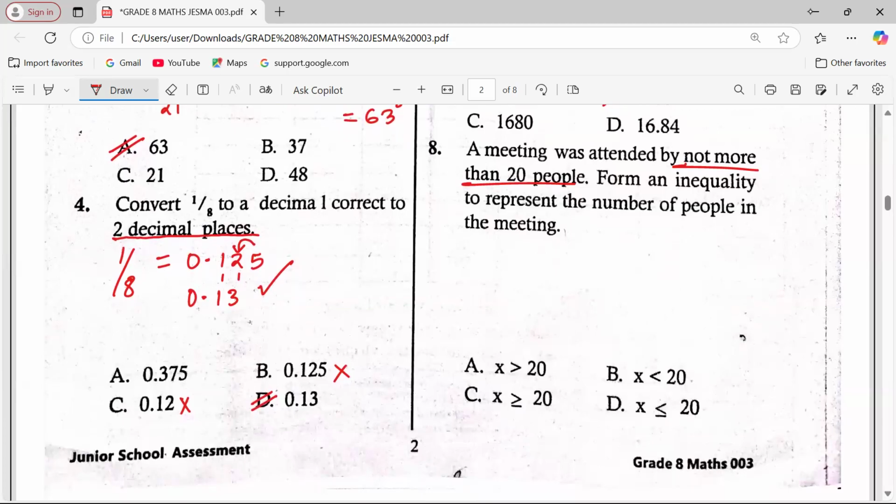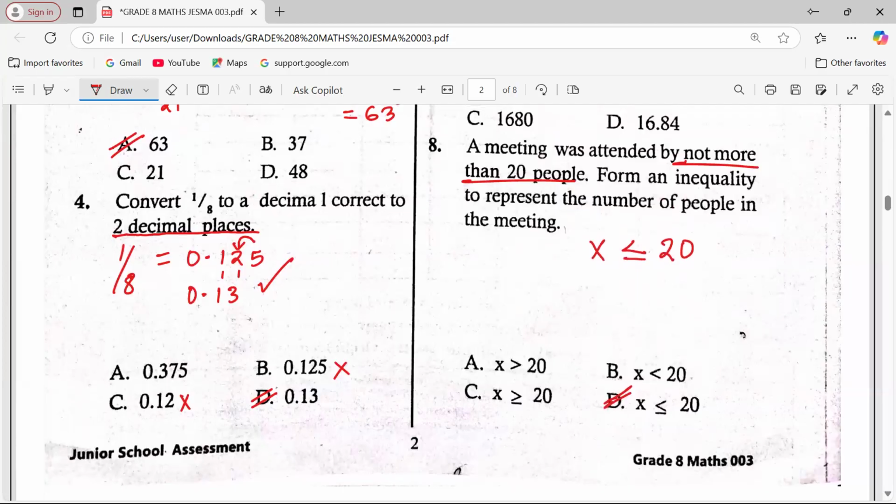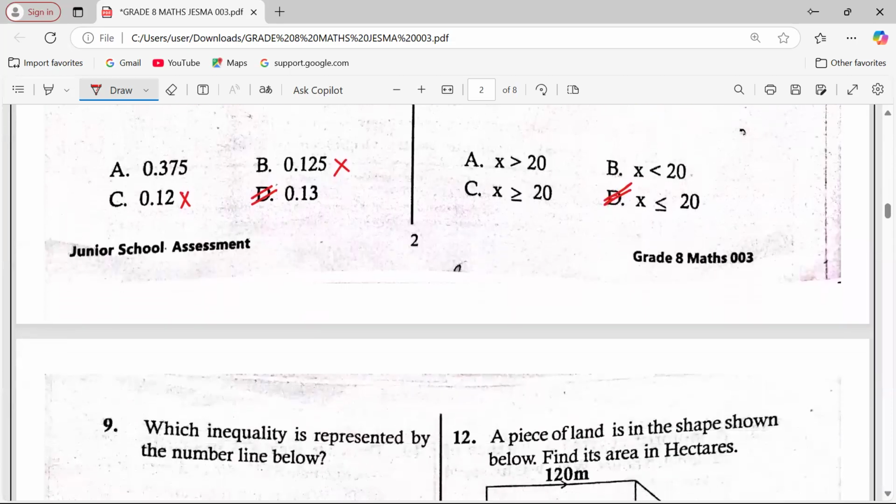So if the number of people were x, because these people were not more than 20, then it means they were either 20 or below 20. So it's x less than or equal to 20. So part D becomes the right answer. Not more than 20. They can just be 20, but they can't exceed it. So 20 is among the possible numbers of people who attended the meeting.